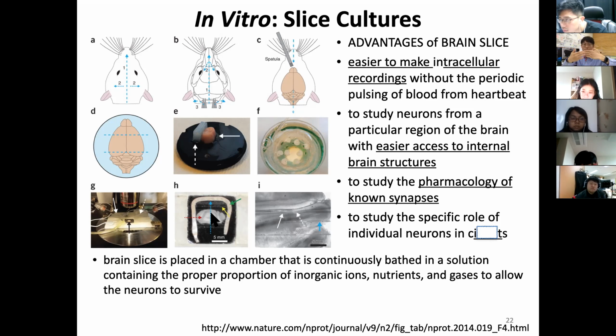So then you can study this. So you study neurons in circuitry. Okay, that's a very important aspect. So the brain slice is placed in a chamber that's continuously bathed in a solution containing a proper proportion of inorganic ions, nutrients, and gases to allow neurons to survive.